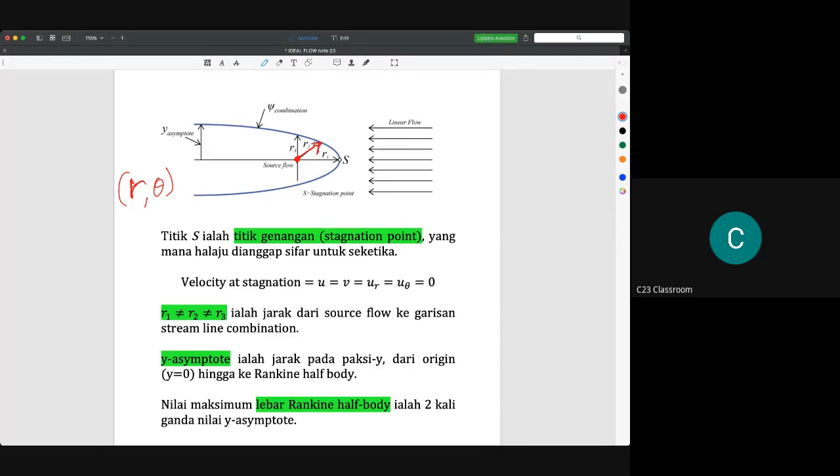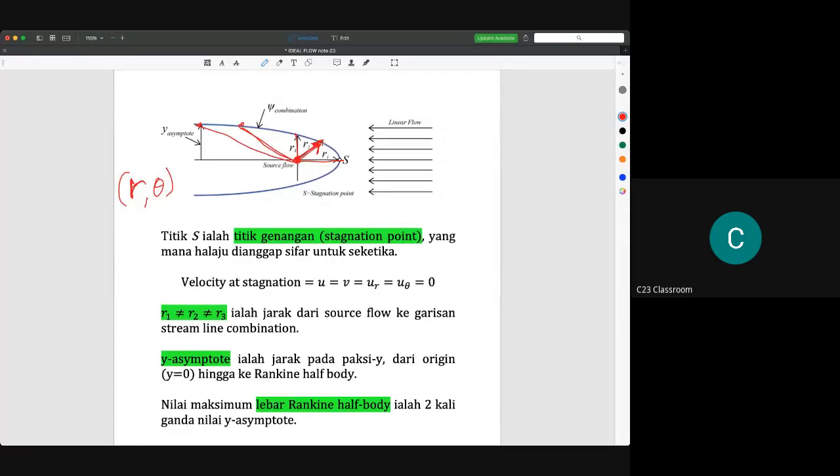So means that we have R1 here, we have R2, R3, R4, R5, and so forth. Okay, boleh imagine because the basic definition of R is the radial length. So in this situation, this is actually the length of the radius, but it is stopped until the Psi combination here. So maknanya ia adalah jarak, distance from the center of source flow to the Psi combination.